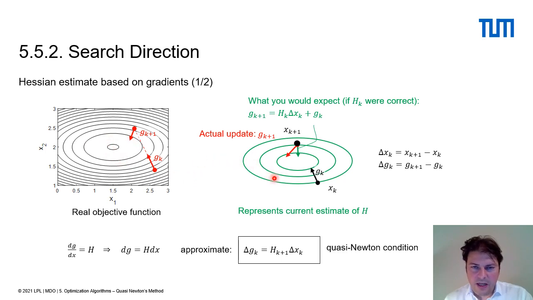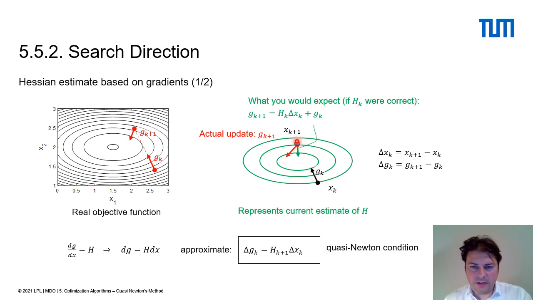Okay, and this Hessian would tell you what the difference between two gradients looks like. So if this was your gradient at position xk, and this was your gradient at position xk plus 1, then your estimated Hessian would tell you what the difference between gk and gk plus 1 would be by this formula.